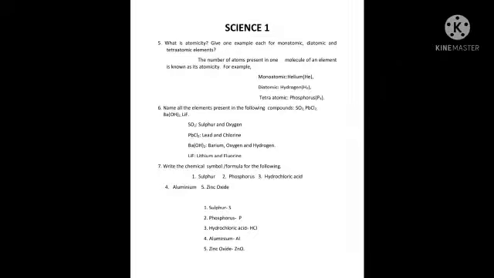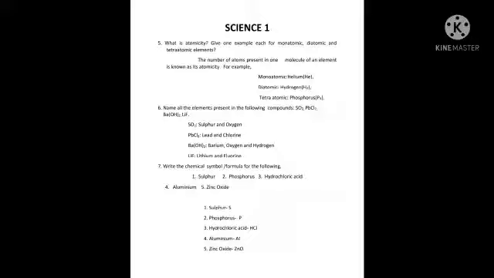Okay. The next question, what is atomicity? Give one example each for monatomic, diatomic and tetratomic elements. Okay. So what is atomicity? First you want to write the definition.